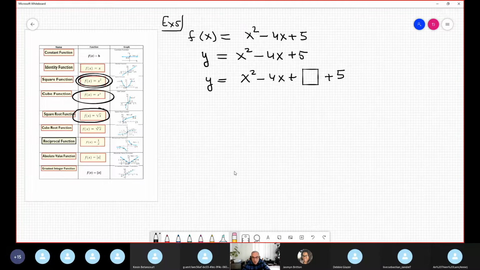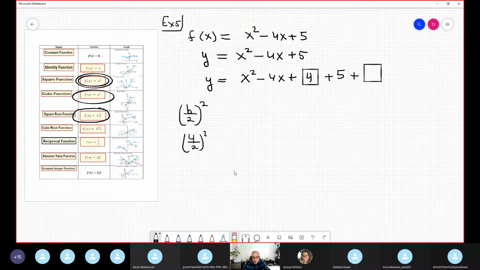In order to keep the equilibrium, you put one number here and you subtract the same number, or put it on the other side, either way. Remember the formula is b divided by 2 squared. In our example, b is 4. 4 divided by 2 is 2, squared is 4. So we need 4 here, not 5, to complete the square.